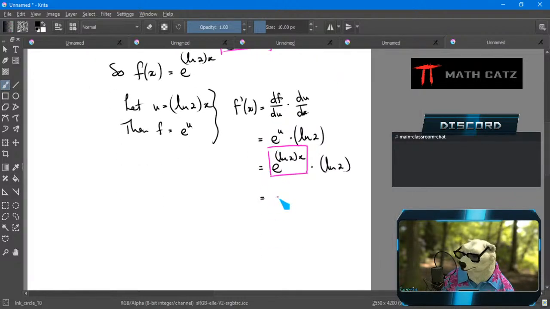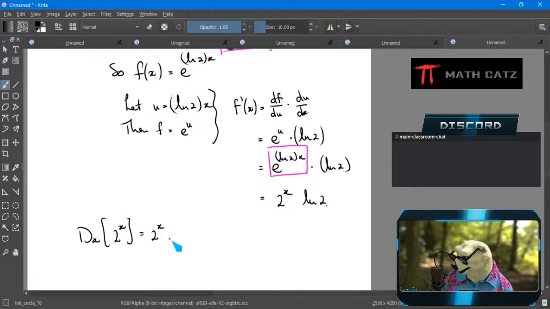I know it's a thing. 2 to the x. And then I have my log 2, of course, right? So, derivative of 2 to the x is 2 to the x, natural log of 2.